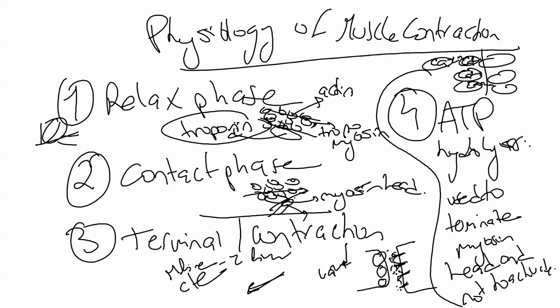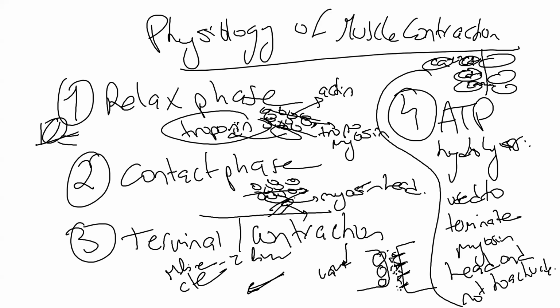Okay. ADP and phosphate ion released from myosin head. Perfect. Why are ADP and phosphate ion released from myosin head? Because we need this ADP to produce the ATP at the end.